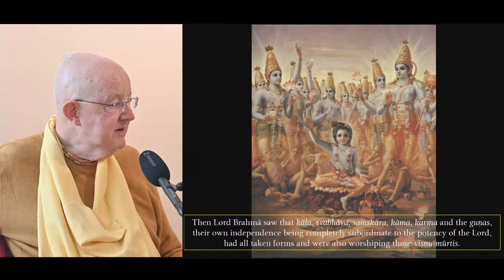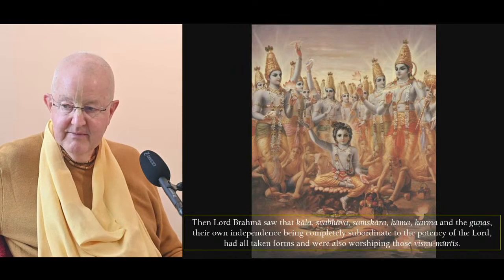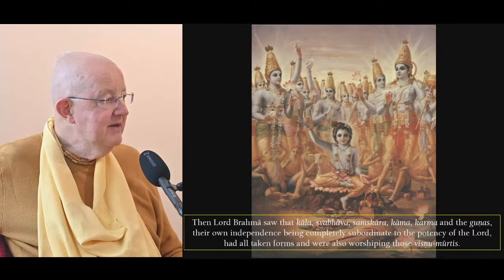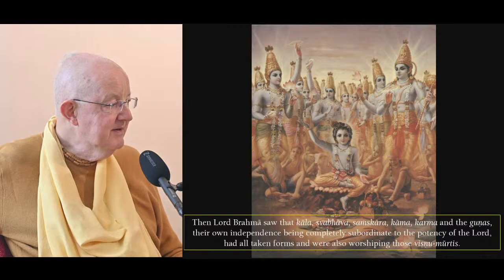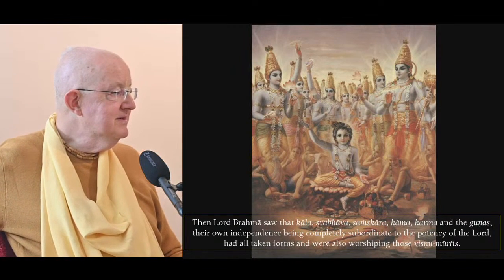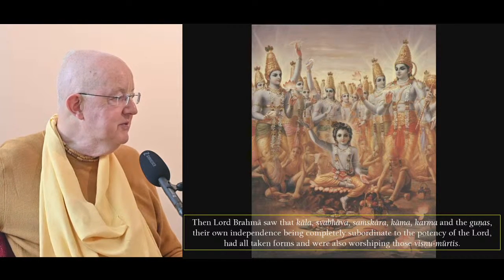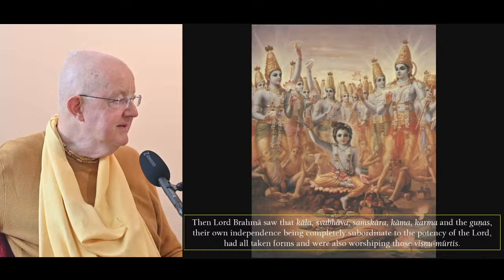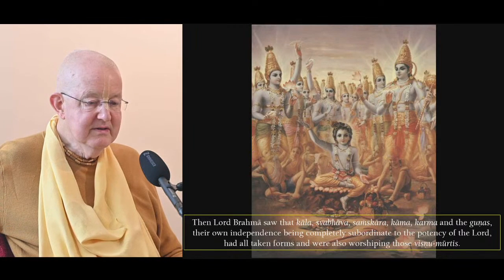Then Lord Brahma saw that Kala, which means time, and Swabhava, which means nature, Samskara, Kama, Karma, and the gunas, and their own independence being completely subordinate to the potency of the Lord, had taken forms, and were all worshipping those Vishnu Murtis.